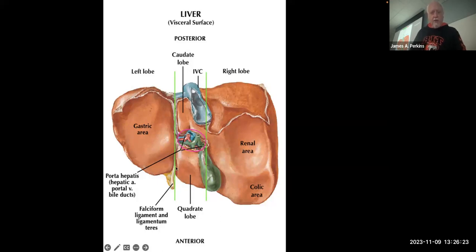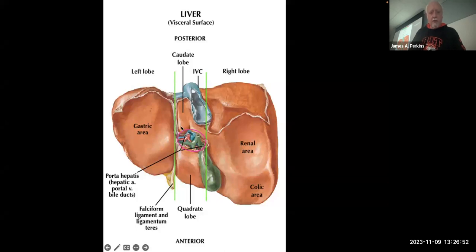And that's actually sandwiched in between that falciform ligament and where the gallbladder sits, and also lies between the anterior border of the liver, which would be down here at the bottom, and this area in here known as the porta hepatis, which is essentially like the hilum of the liver, where all the blood vessels and things go in and out. So that four-sided quadrate lobe is between gallbladder and falciform ligament.